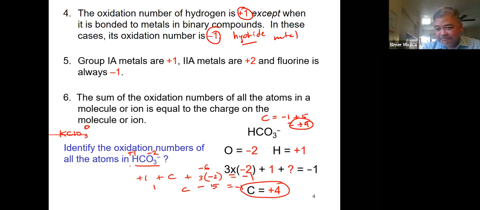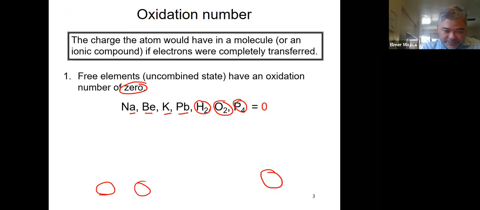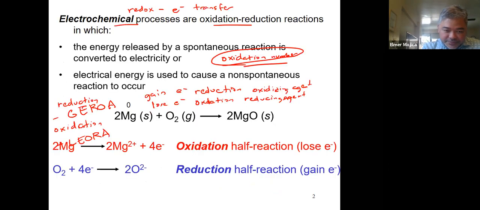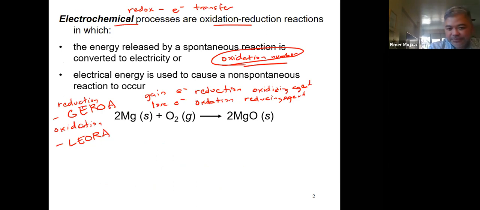Okay? So let's go back now to our problem here. Let's say we don't know this one, so we're going to assign the oxidation number. Magnesium is a metal, so that's an elemental form. So you have there 0.